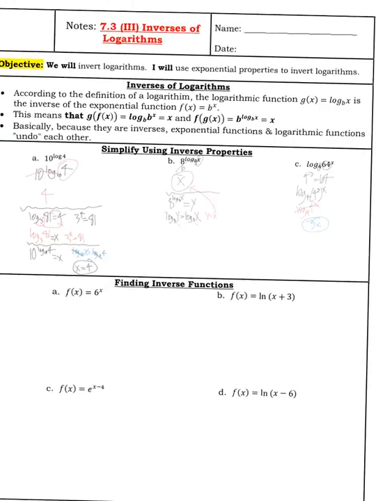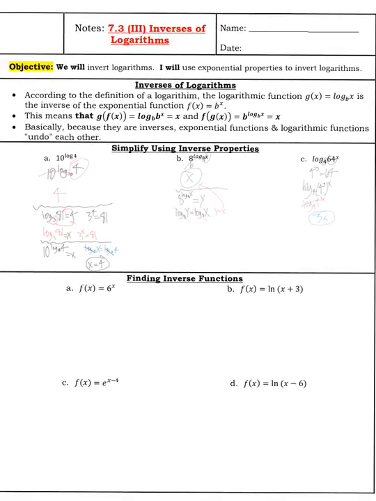Well, the very first part of the notes says, according to the definition of a logarithm, the logarithmic function g of x equals log base b of x is the inverse of the exponential function f of x equals b to the power of x. So I have 6 to the power of x. That's b to the power of x. I can just rewrite that as log base b of x, meaning log base 6 of x.